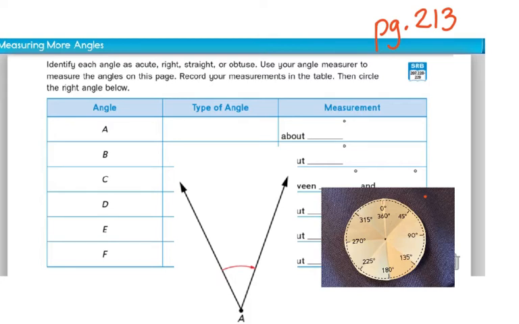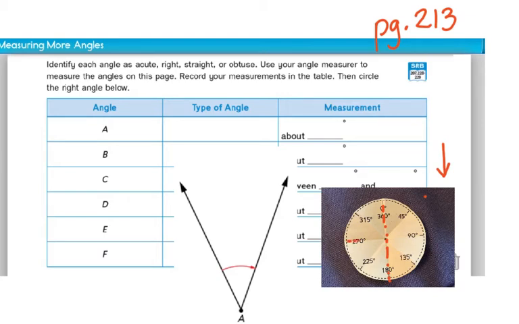On the page that says measuring angles, you're going to see this shape up at the top. Please be very, very careful, but you are going to go ahead and cut out this circle. You'll also notice that there are fold marks. You're going to fold it in half once.